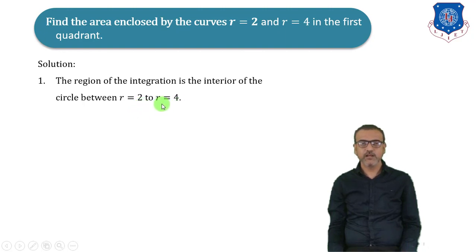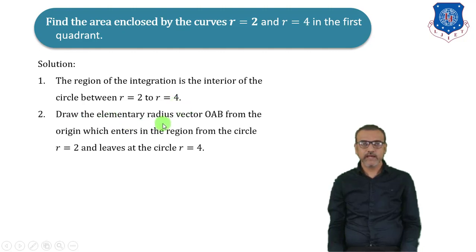Now similarly r equals 4 is again the equation of a circle having center 0, 0 and radius equals 4. Draw the elementary radius vector OAB from the origin which enters the region from the circle r equals 2 and leaves at the circle r equals 4.